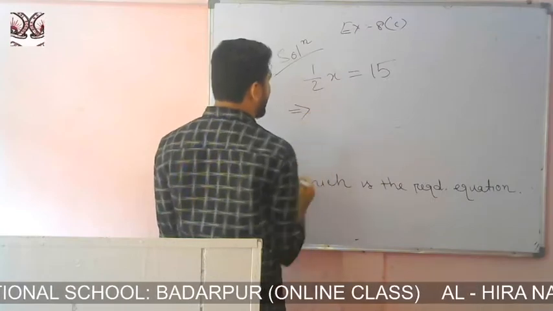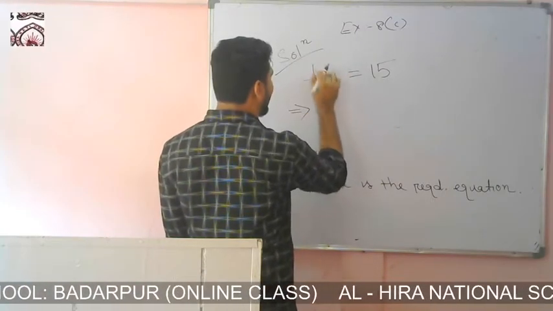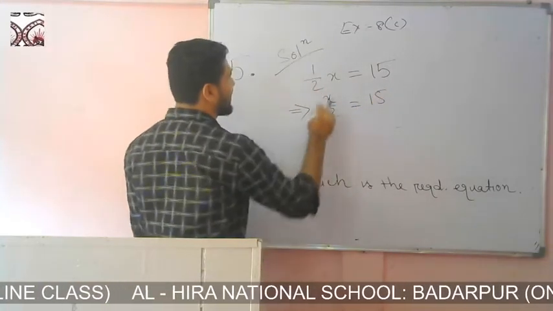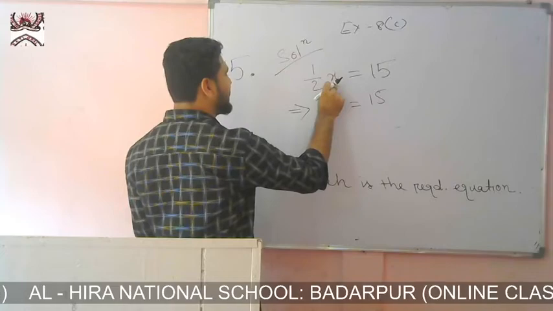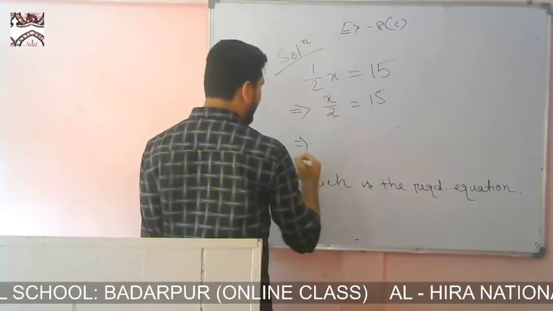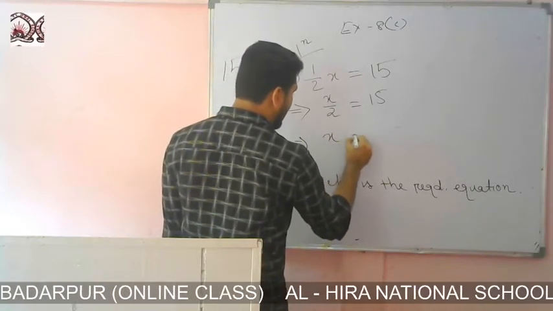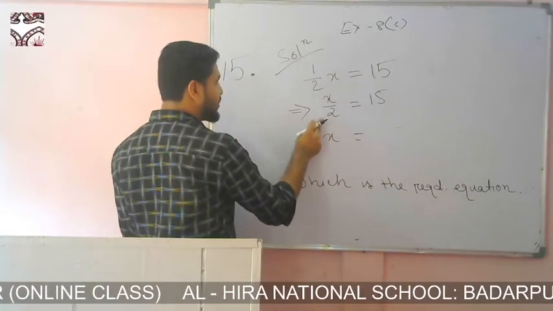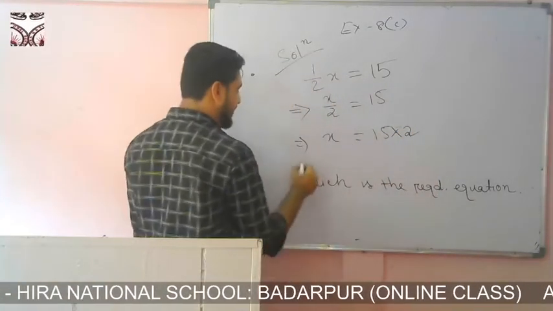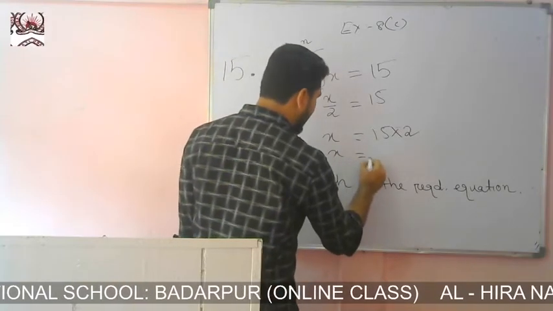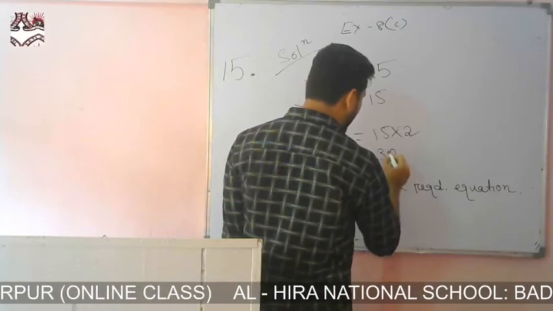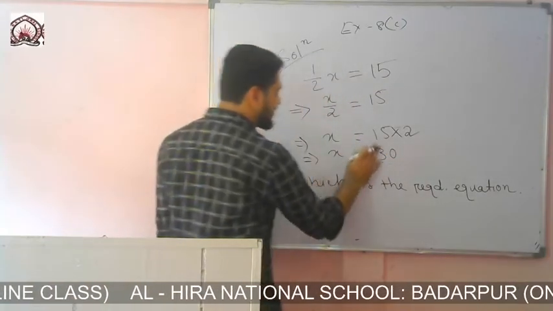So from here you can find, if I multiply x into 1, then x by 2 equals 15, because as I said earlier, this x is placed in the numerator, not in the denominator. So here you see 2 is in relation of division with x. So if I transpose it to the right side, then it will become multiplication. So here I can write 15 into 2, 30. Okay, it is 30.